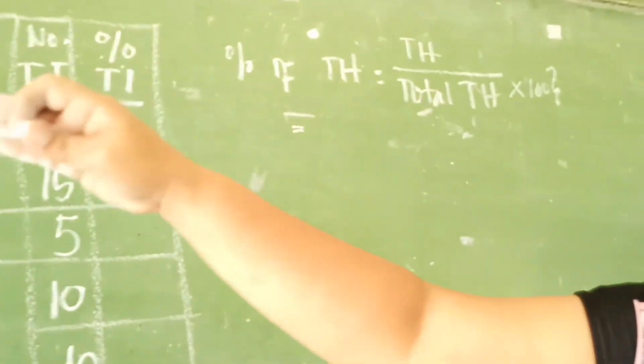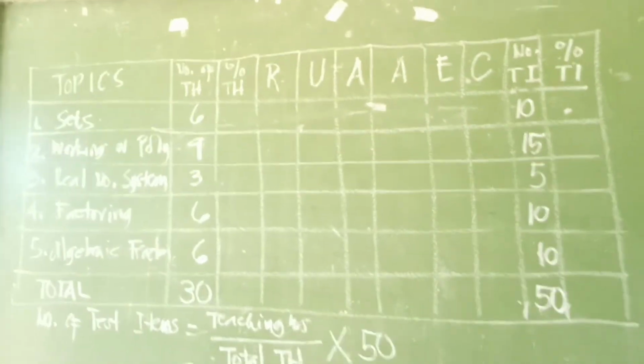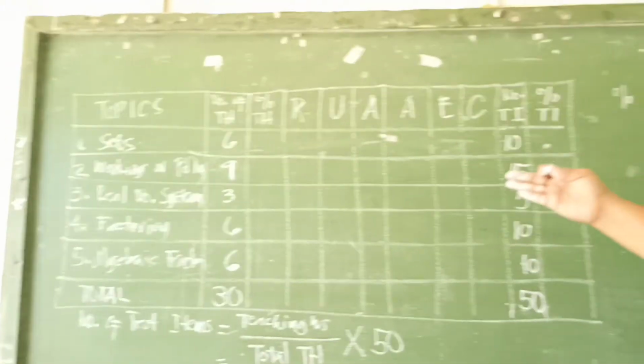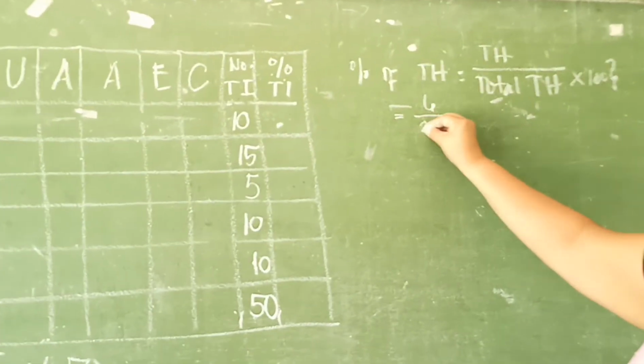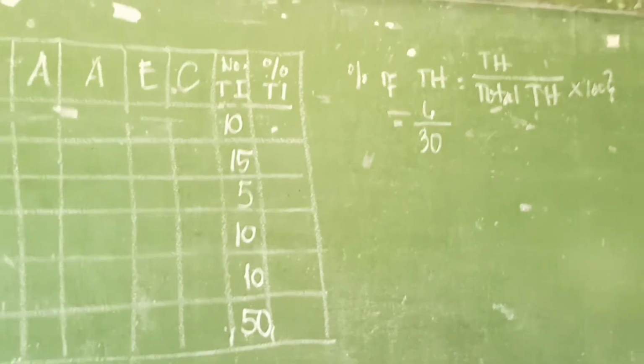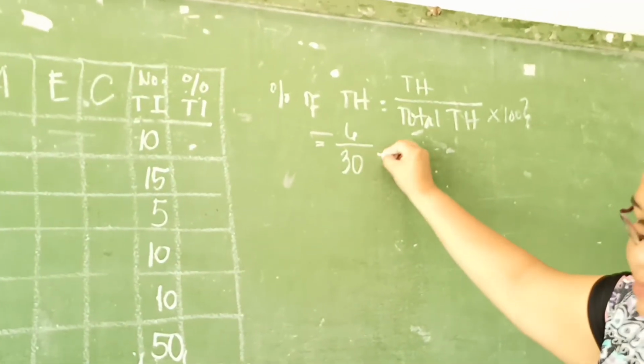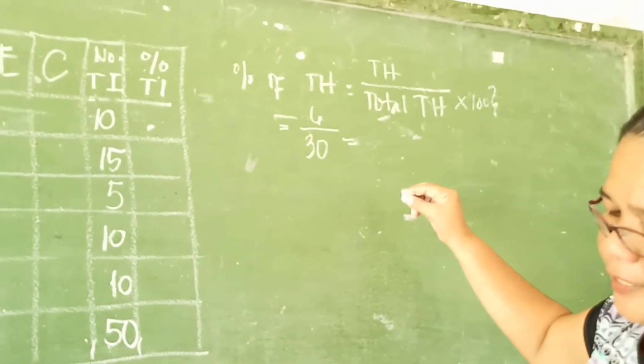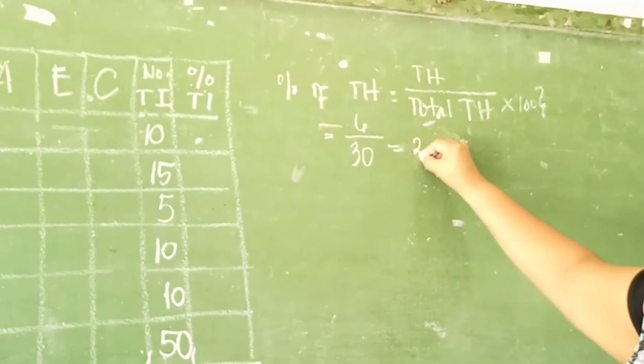For example, in chapter 1, sets, you spent 6 hours in discussing the topic divided by the total number of hours, which is 30, times 100. So the answer will be 20%.